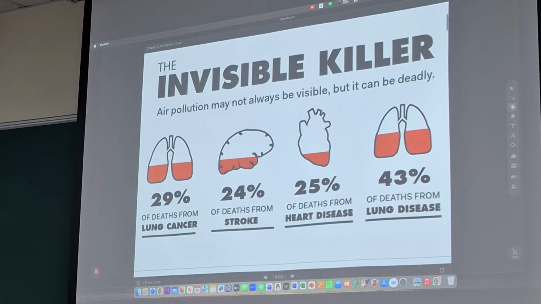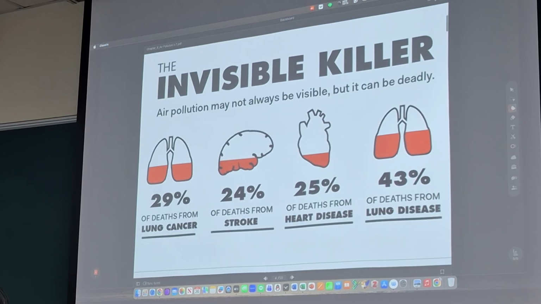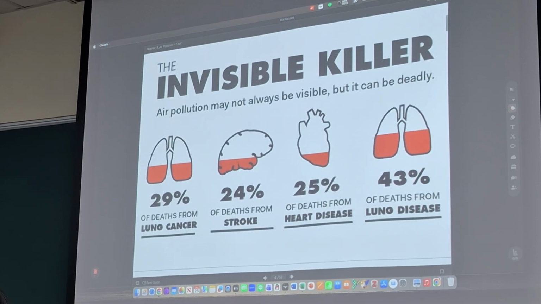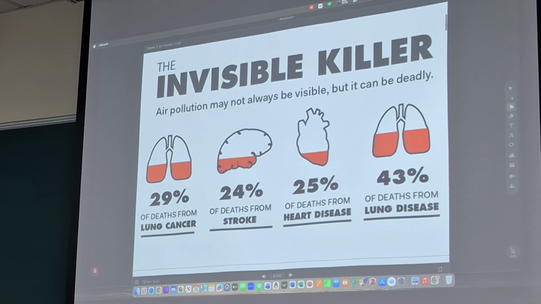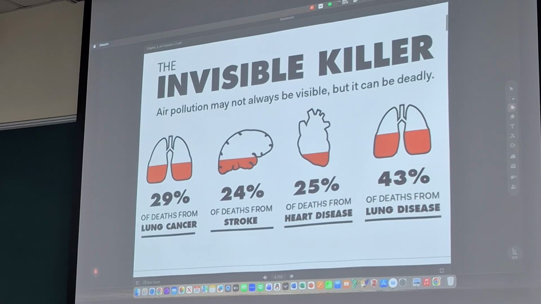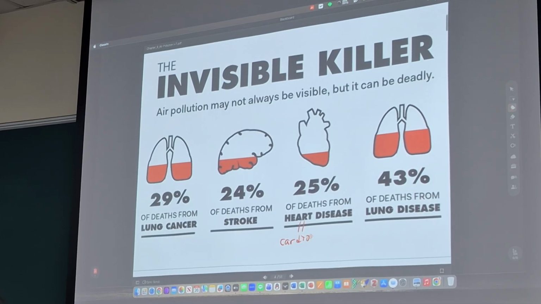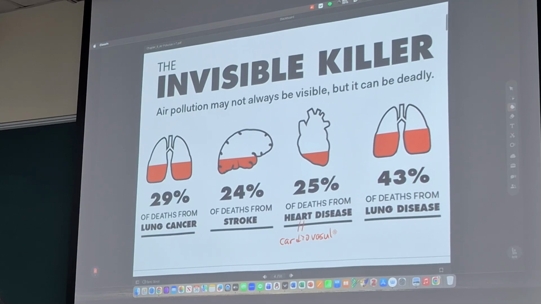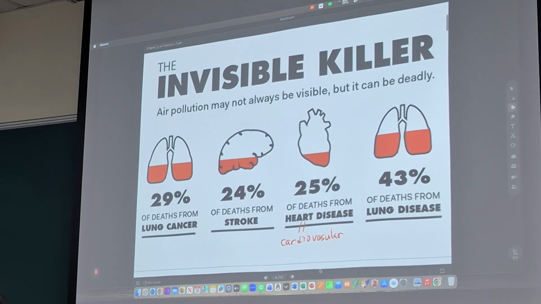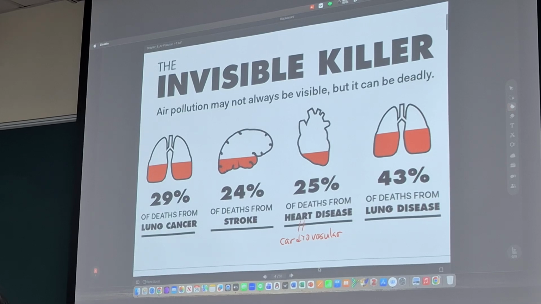It's about 20% of deaths from lung cancer, 24% from stroke, 25% from heart disease, 43% from lung disease like asthma. You might also regard heart disease as cardiovascular disease.